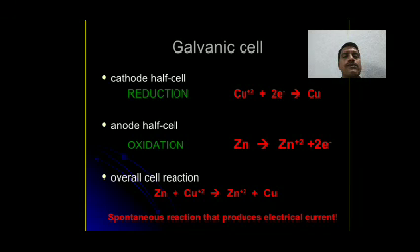The quantity of electricity produced is measured using a voltmeter. The anodic and cathodic halves are connected with the salt bridge, which gives a continuous flow of electrons. When the salt bridge is removed, this process stops.